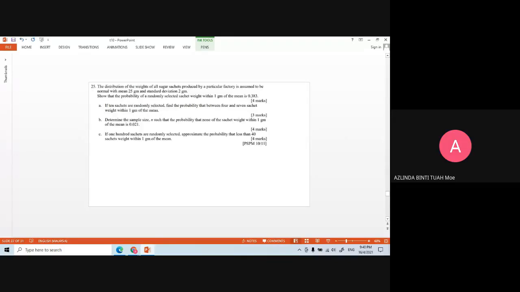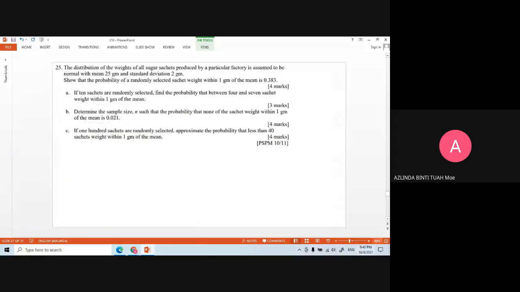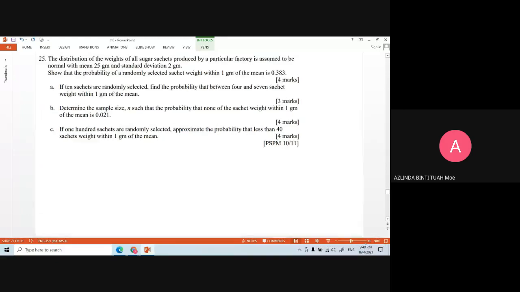I know the sentence is quite heavy to translate, sentence dia bukan soalan dia. Boleh teruskan lagi satu example? Boleh, madam. Jangan tertidur. Boleh last.